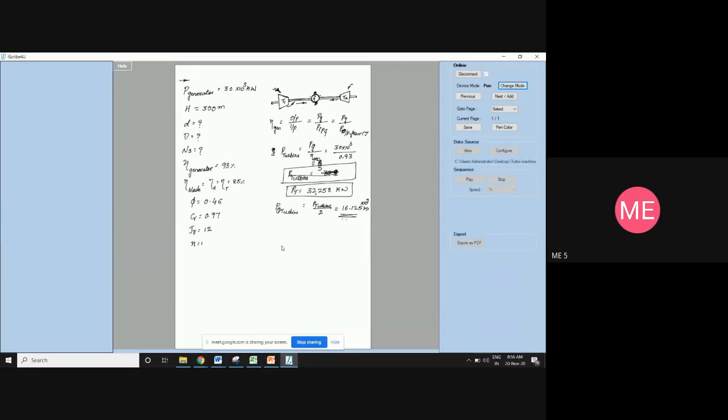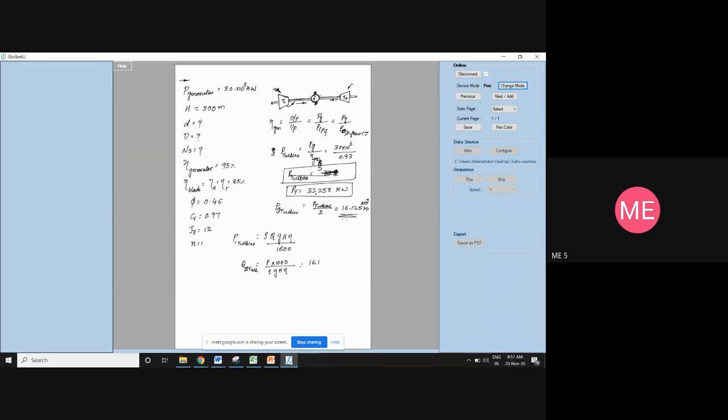So what is he asking us to find out? Small d, capital D, and ns. We'll find Q first, because for finding capital D, we need Q. So P from one turbine, the formula is rho Q G H efficiency by 1000. You know this formula. So Q from one turbine is equal to P into 1000 divided by rho G H efficiency.